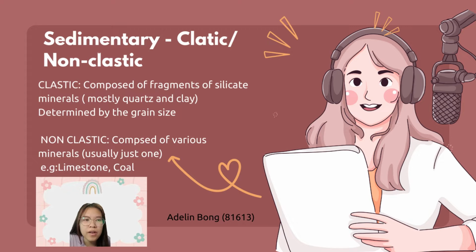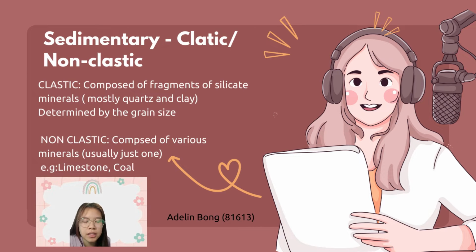The characteristic features and physical properties can be seen by clast size, clast composition, angularity and sphericity, and sorting. Organic or chemically formed sedimentary rocks are identified through composition and texture.